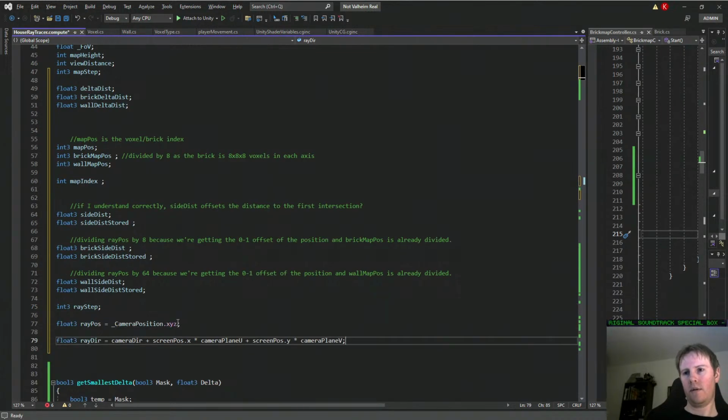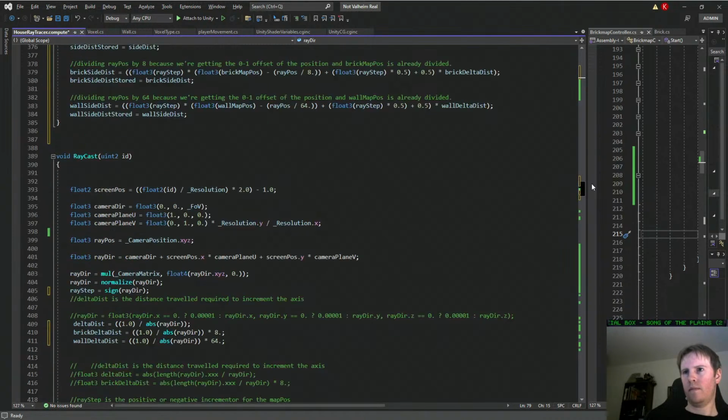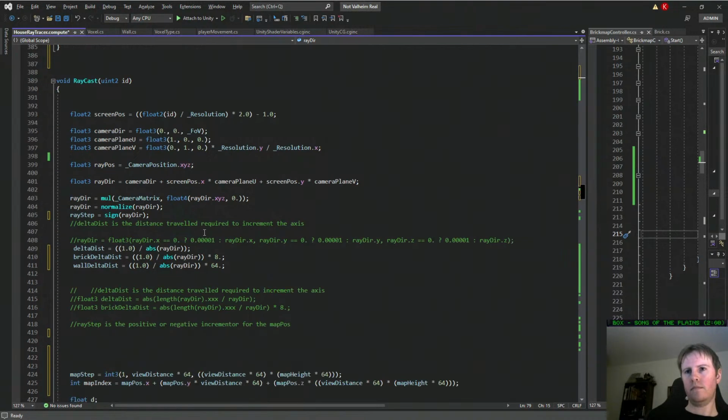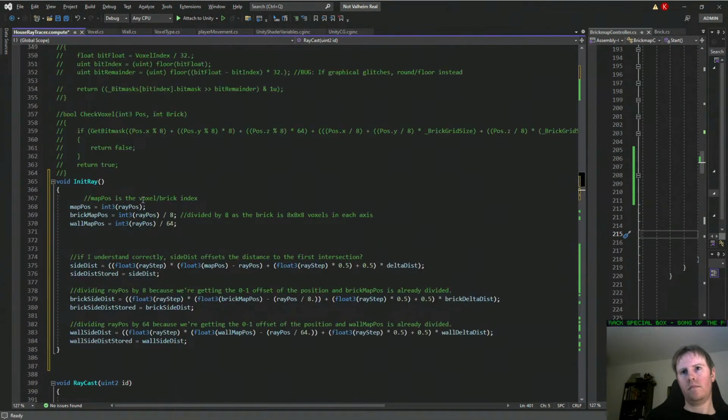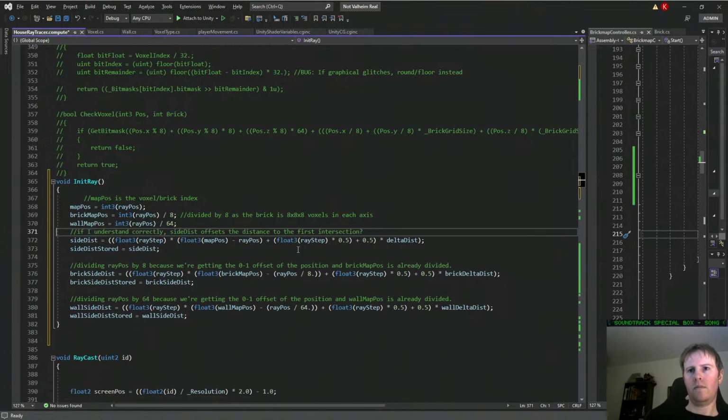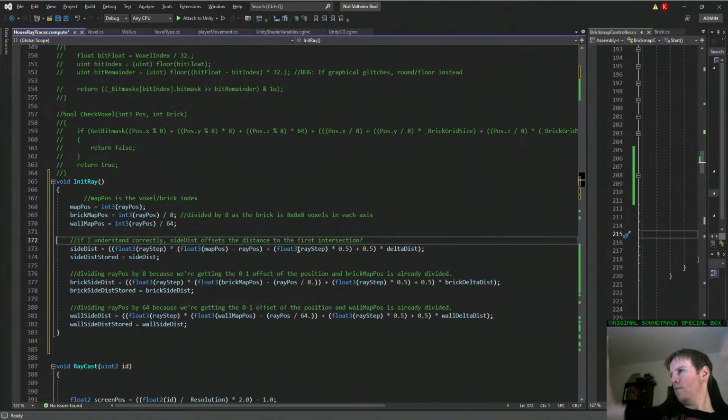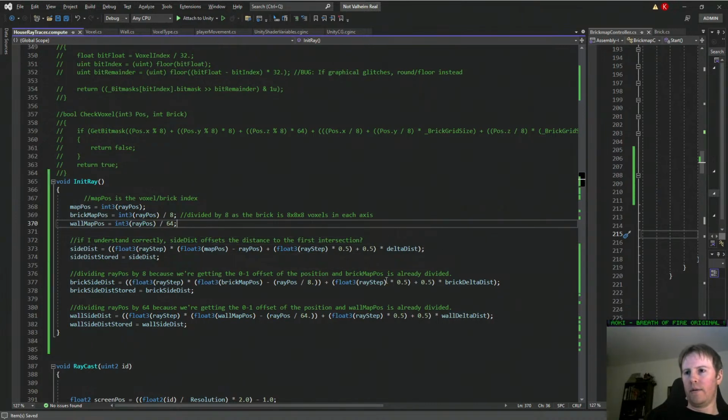Passing in is annoying. And then we simply init ray like that. So this is using map position and ray position, and map position gets set there.